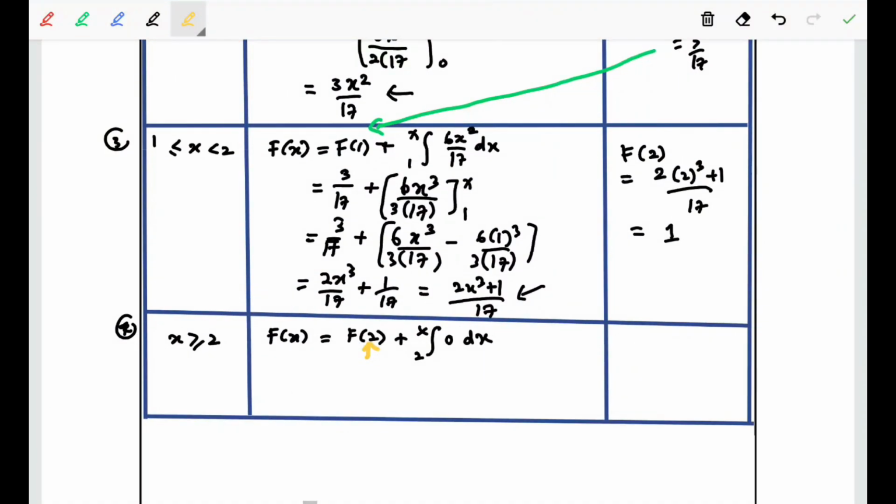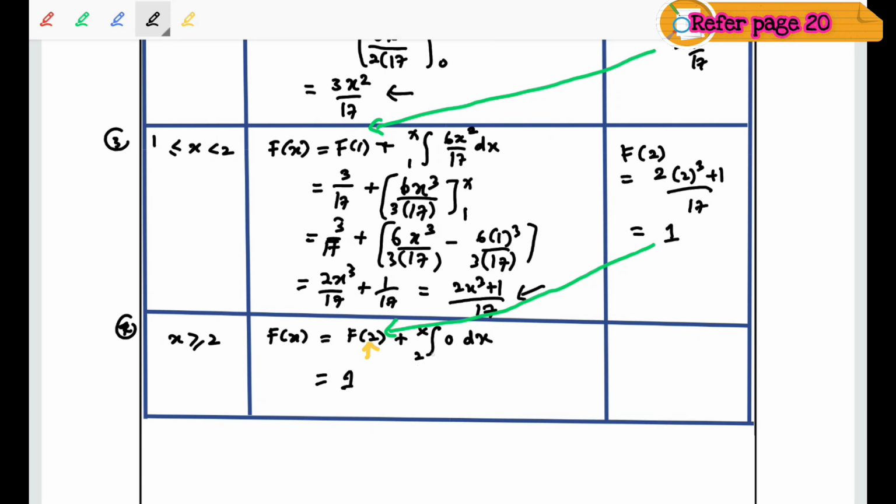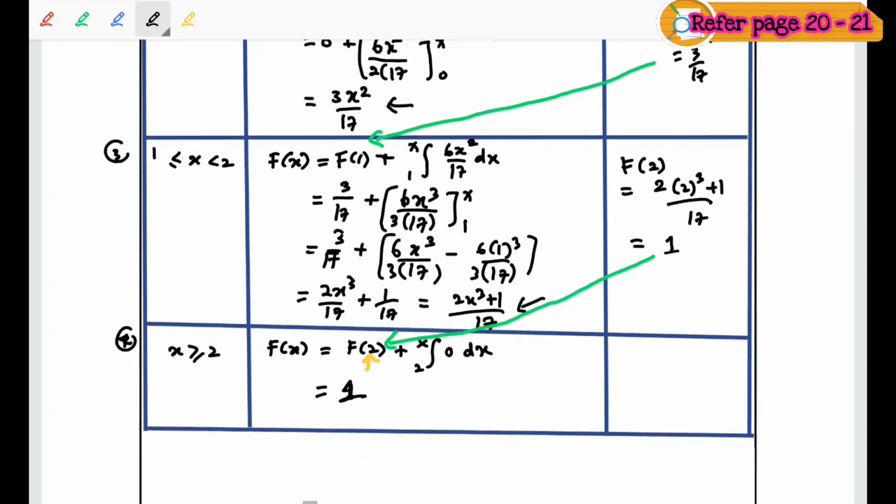So f of 2 we found from this part, which equals 1. So 1 plus the integration of 0 equals 0. So you will get 1 for this part. Alright, so we have done the CDF.